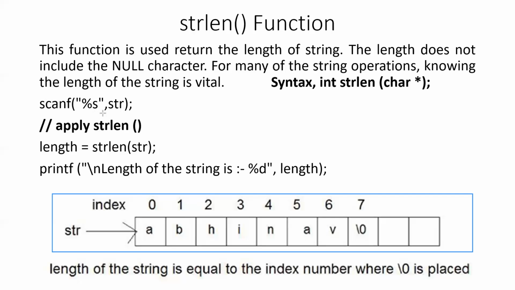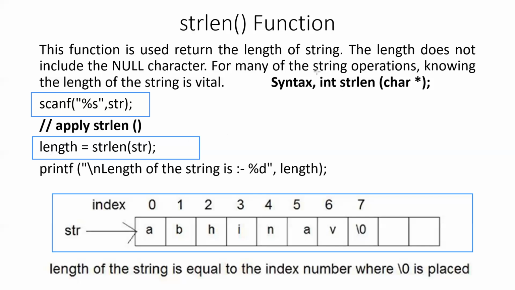This statement can be used to accept the input from the user here. You can use the scanf or the gets function to accept the input from the user. The next statement is used to find the length of the string. The function used is string length. The parameter passed is a string variable. You can also pass a string constant, and it will return an integer value which is stored in an integer variable length.